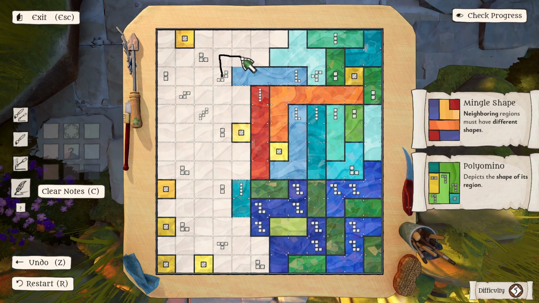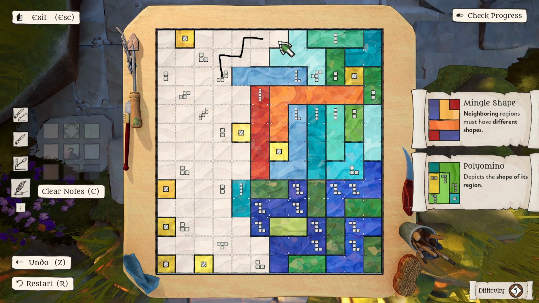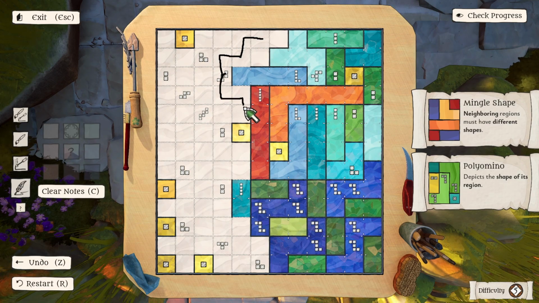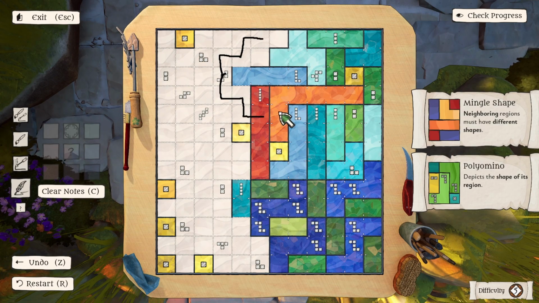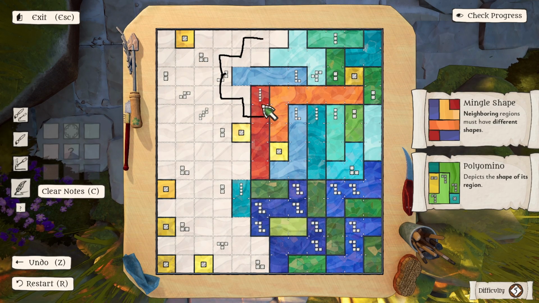It could do that. We'd have a 1 and a 1. And these would be fine up here. It can't go that way without breaking that.